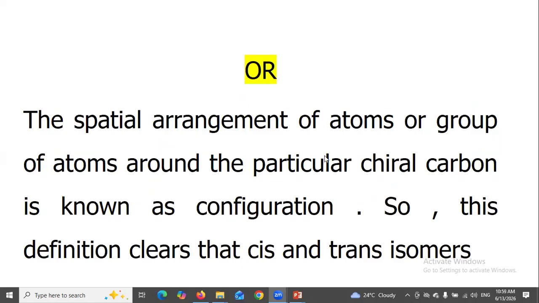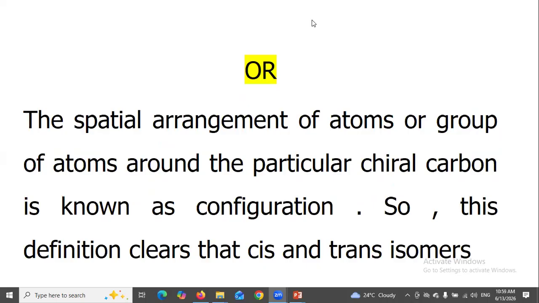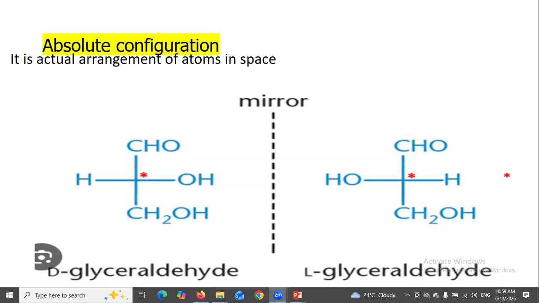The spatial arrangement of atoms or groups of atoms around a particular chiral carbon is known as configuration. So this definition clears that cis and trans isomers differ in configuration. Configuration is the actual arrangement of atoms in space.